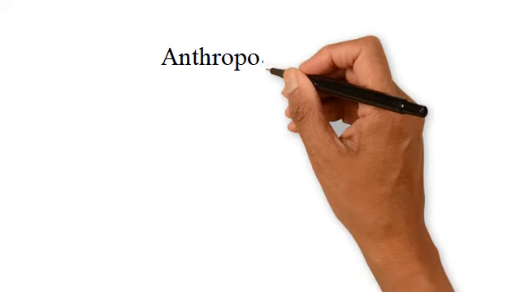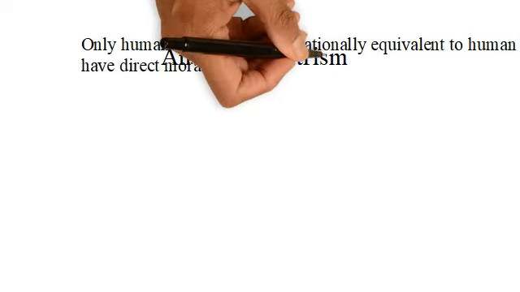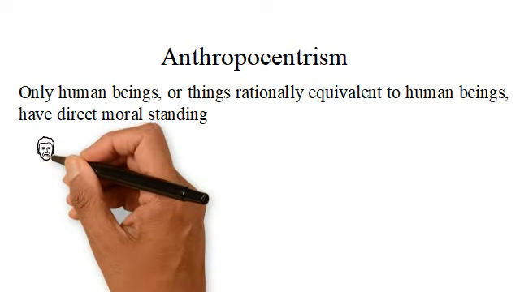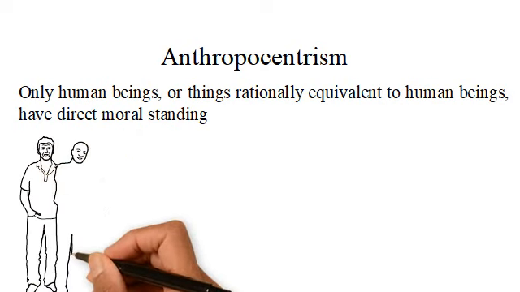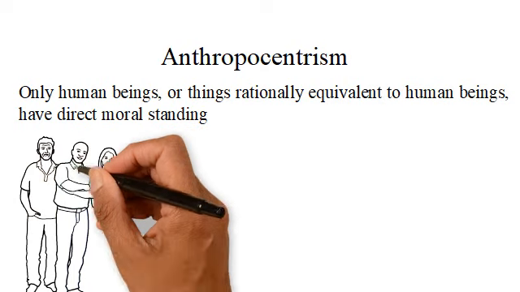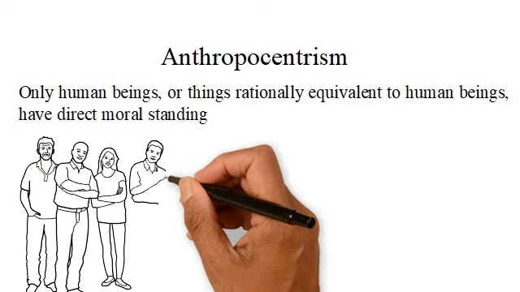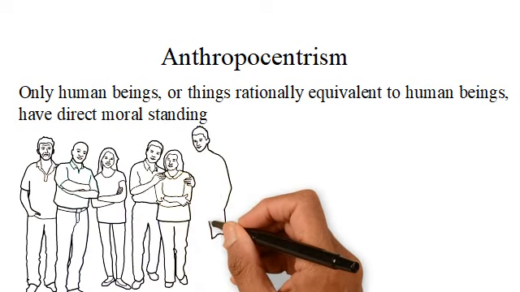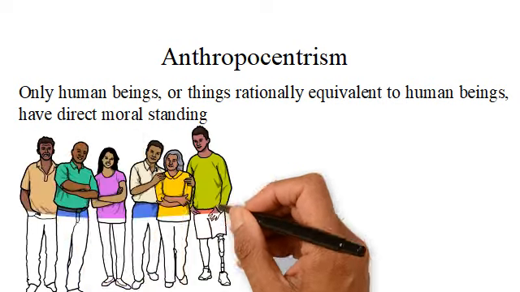Now let us turn our attention to views on direct moral standing. The first view of direct moral standing is known as anthropocentrism. According to the anthropocentrist, only human beings, or things that are rationally equivalent to human beings, have direct moral standing. Typically, anthropocentrists understand human beings as autonomous rational agents, which is why we are required to show fellow human beings moral consideration, care, and concern.